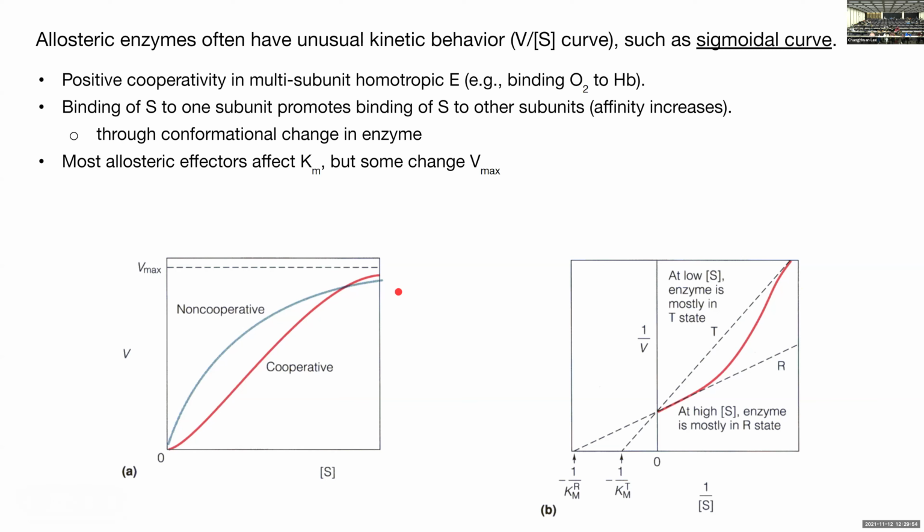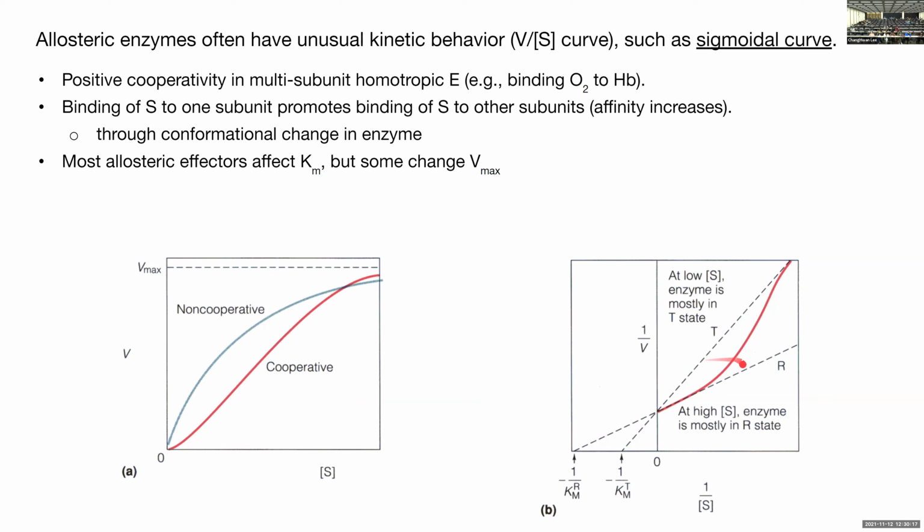We've already seen this when we discussed hemoglobin. That is basically because the curve changes as the substrate concentration changes, from the more flattened curve to the steeper curve, because the enzyme changes its mode.